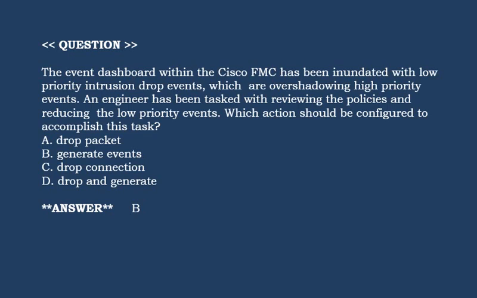Which action should be configured to accomplish this task? Option A, drop packet. Option B, generate events. Option C, drop connection. Option D, drop and generate. Correct answer is option B.